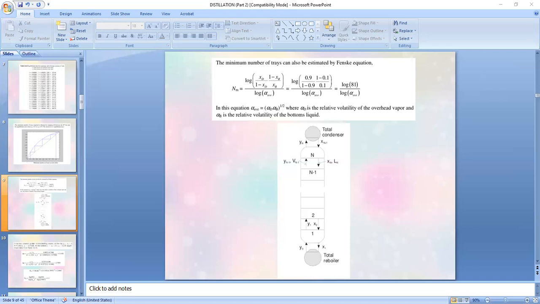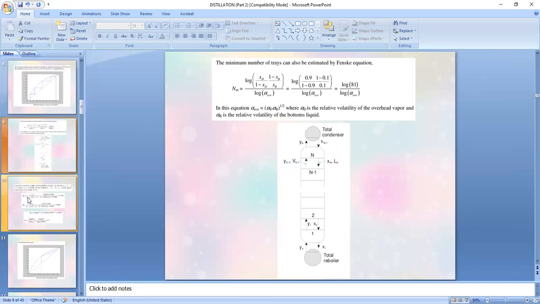Alpha D for the overhead vapor and alpha B for that of the bottom's liquid. You take the geometric mean of that. You take the product and get the square root of the product. How do you then determine this? Because in here you could see that it's still not placed in, referring to the value. I'll just escape, class, and go back to the slides because I'm sure you won't be able to see.